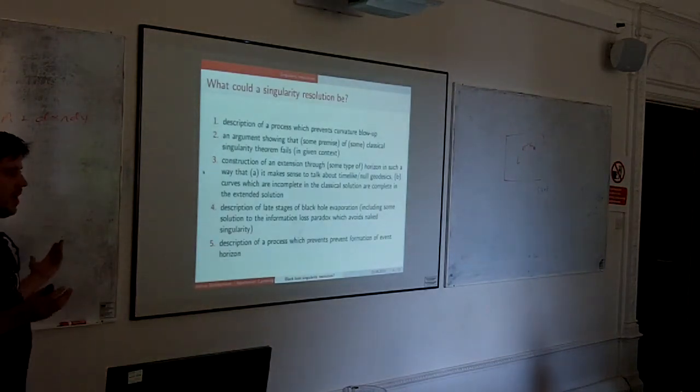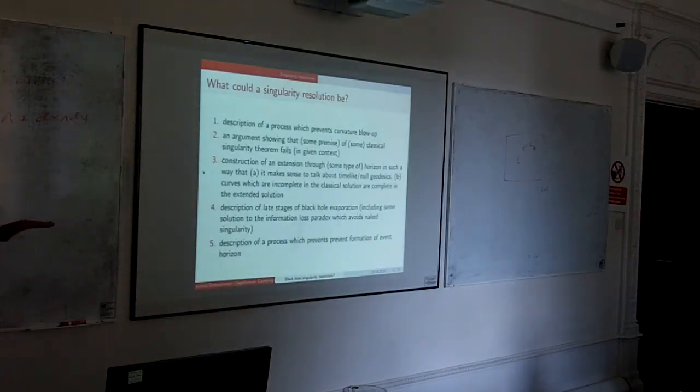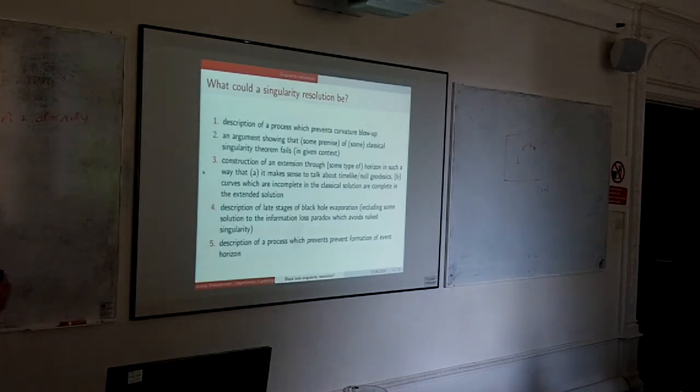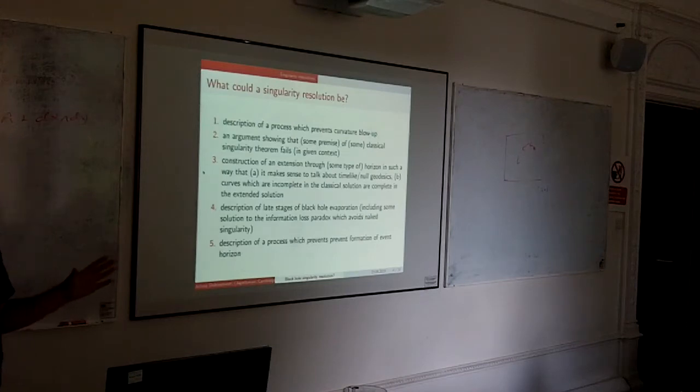Ideally what we would like to have, for instance in the case of Big Bang type singularity, is a construction of an extension through some type of a horizon or through some sort of boundary in spacetime in such a way that it makes sense to talk about time-like or null and space-like geodesics in the region through which we extend the spacetime and in the additional regions. And the extension is done in such a way that curves which are incomplete in the classical solution become complete in the extended solution.